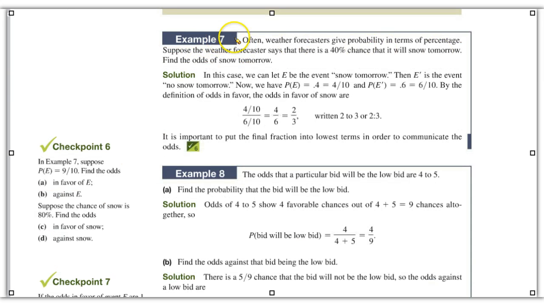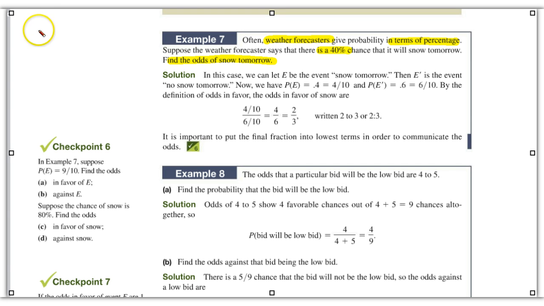Now in example 7, they're suggesting that weather forecasters often give probability in terms of percentage. They'll say there is a 40% chance of snow tomorrow. So find the odds of snow.